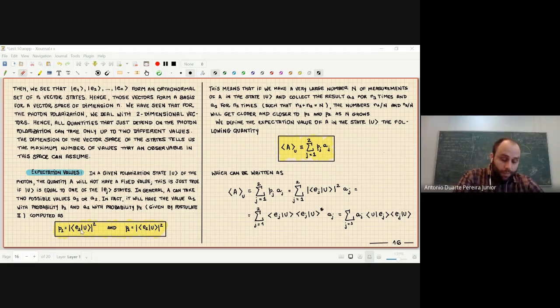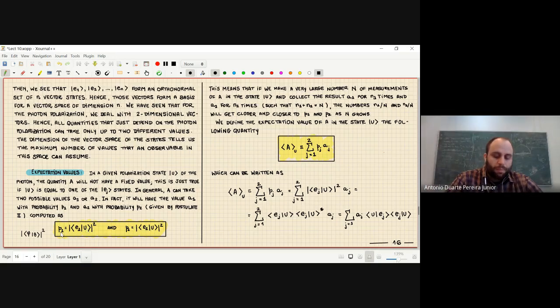Okay? In the same way that a photon in a polarization state theta had the probability of being found in the state of polarization phi by this expression. So I'm just mimicking this expression now for a different quantity A and not the polarization necessarily.